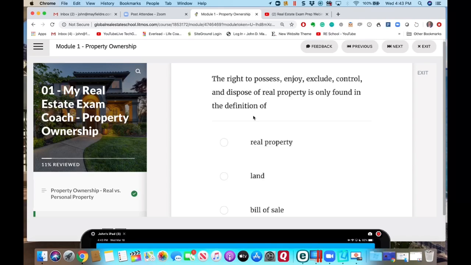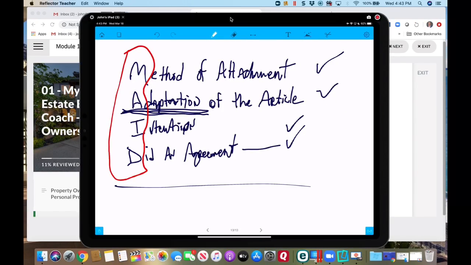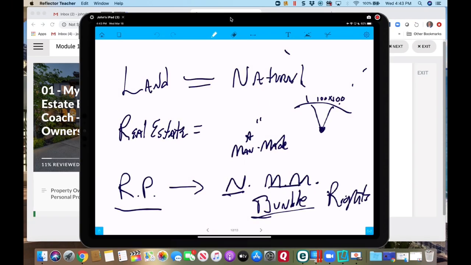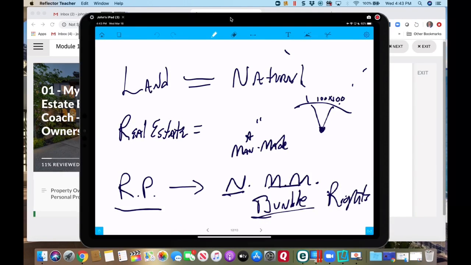Well, remember the definition of real property? Let's go back here. If we look at that question and we go back here, oh, there it was right there. Land, natural. Real estate, natural, man-made.